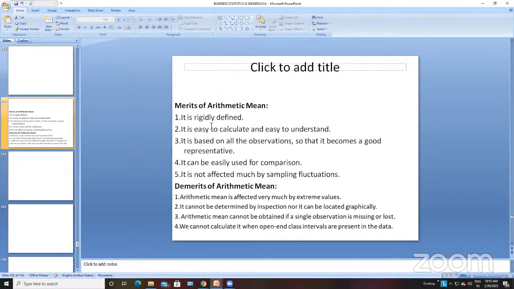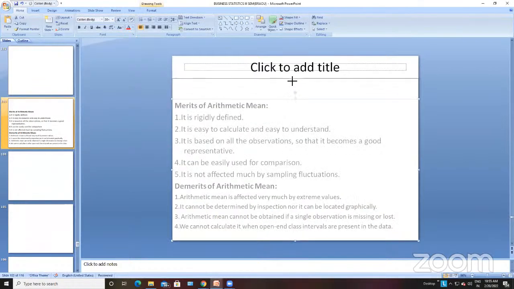So in this, merits, what are the merits of the arithmetic mean? Here, it is rigidly defined. Rigidly defined means it is not very tough. Merits mean, whatever we are getting, the same points we are getting here.